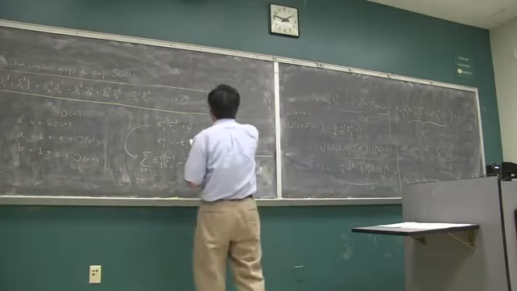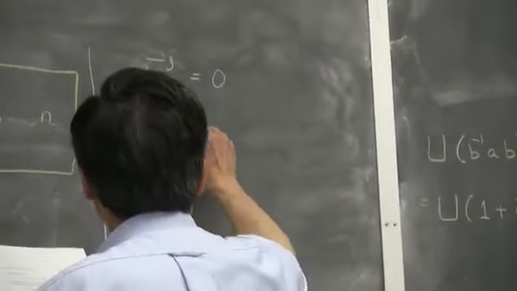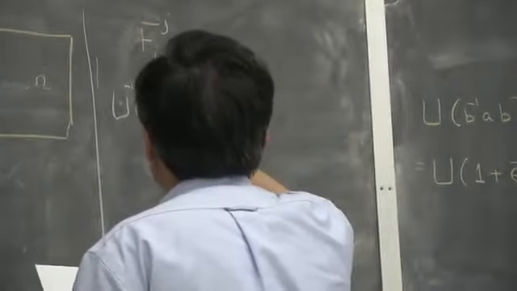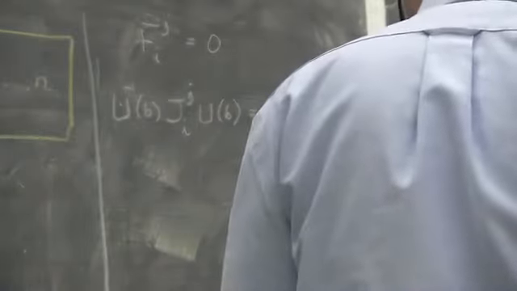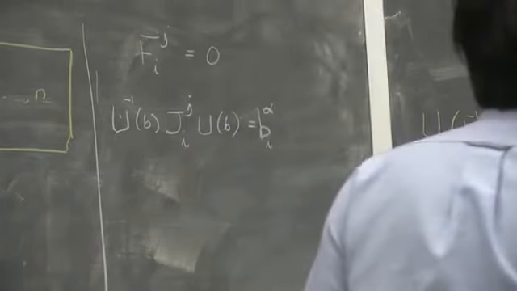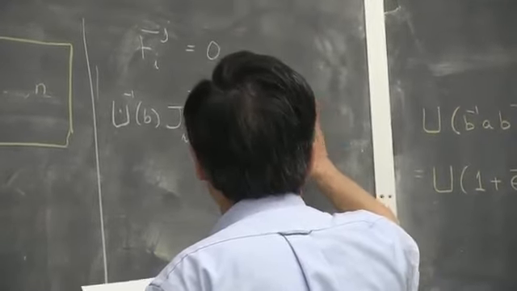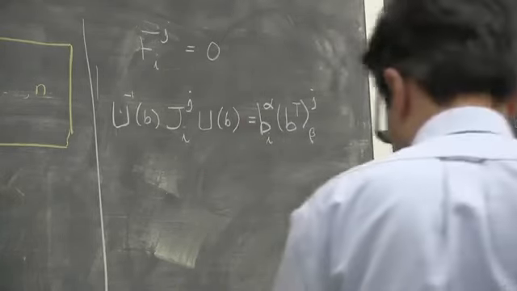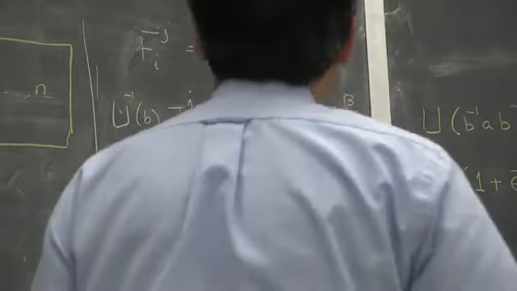This time we write it like this: U_B inverse times J_ij, i lower, j upper, times U_B must be equal to B_i alpha, B^T beta j, and J alpha beta. Okay?